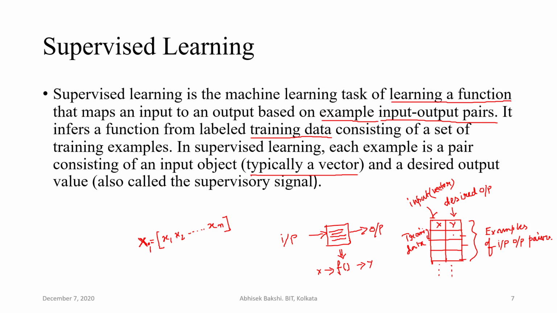So obviously xi is an input vector, naturally, and the input vector contains x1 to xn. So what are x1, x2 and xn? These are called features. What is a feature? Let's see very soon.